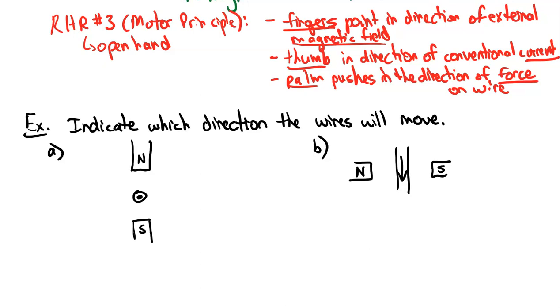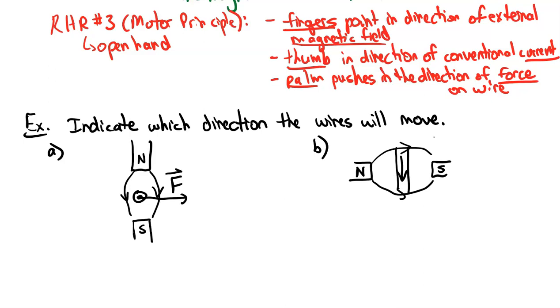So what we have in this case is we always have it going from north to south outside of a magnet. And then our fingers are in the direction going down. Our thumb points out of the page, and the force in the direction of our palm is in this direction. So the force is going to be in that direction. In the second case, again, the external magnetic field is in this direction.